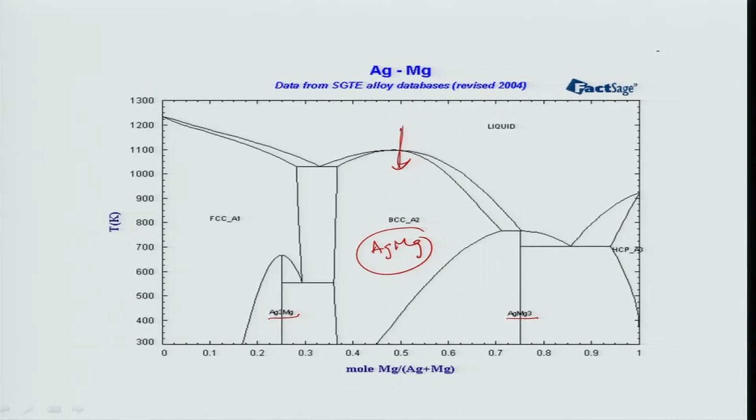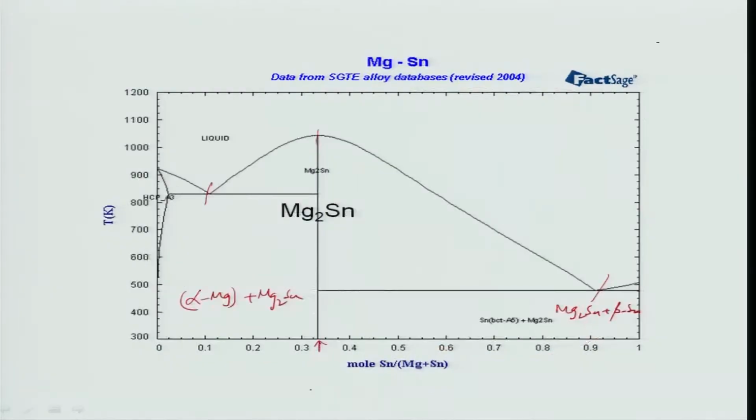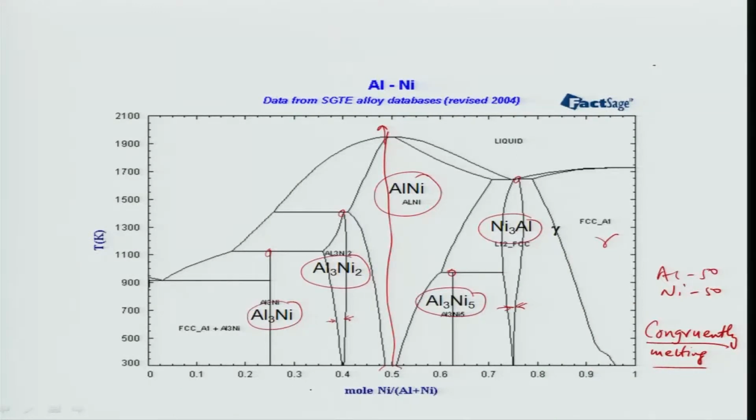But on the other hand, take things which form by peritectic reaction. Let us simply use the aluminum nickel system, that is much easier. Let us suppose Al3Ni. This is the phase field of liquid, this is liquid plus Al3Ni2, so liquid plus Al3Ni2 reacting peritectically to form Al3Ni.